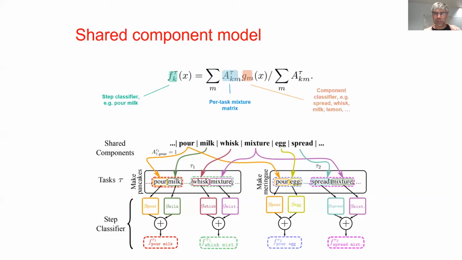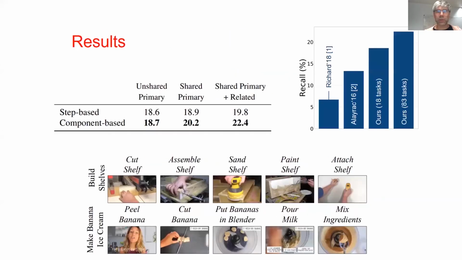There is a mixture matrix A, which in our case is predefined. It could be obtained automatically in some way, but in this case we simplified our task a bit and it is provided manually. Then G, which is the component classifier, is shared across all tasks.